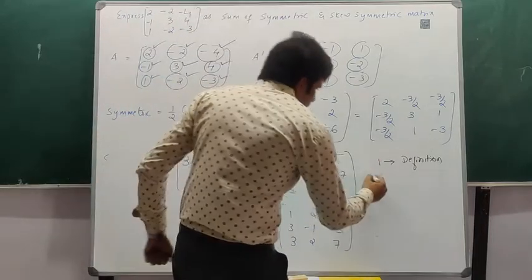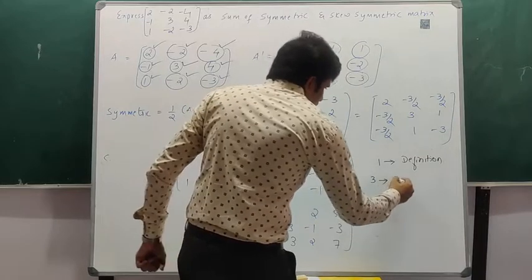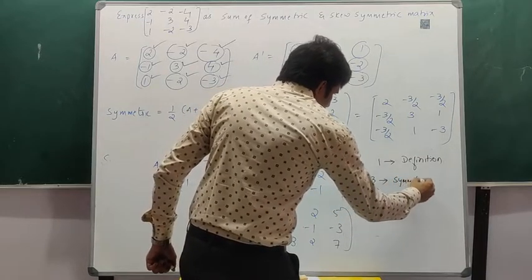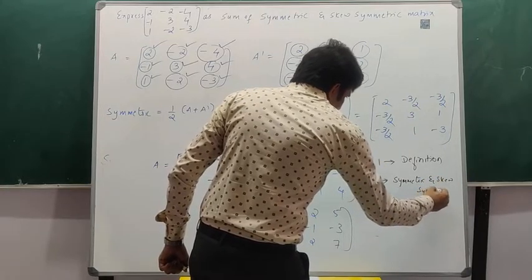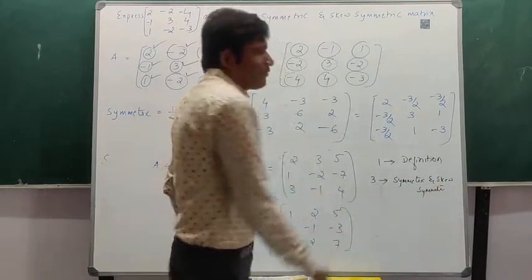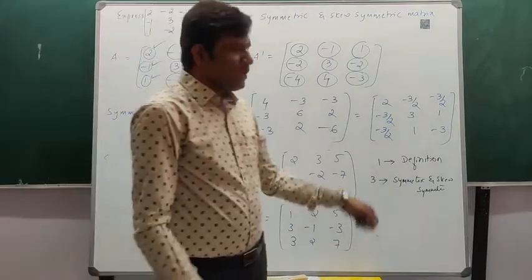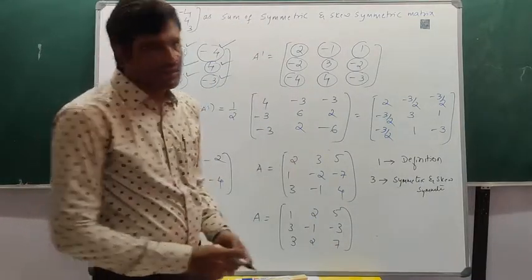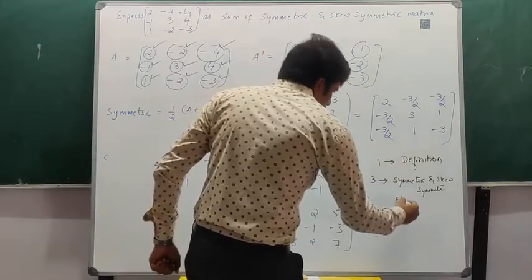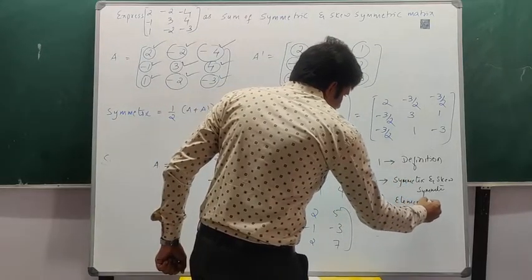And 3 mark questions. So 3 mark question, that is symmetric and skew symmetric matrix. So they may ask a theorem for 3 marks. If not theorem, they may ask a problem on symmetric and skew symmetric matrix. Or if there is no problem, then we may have elementary operations.